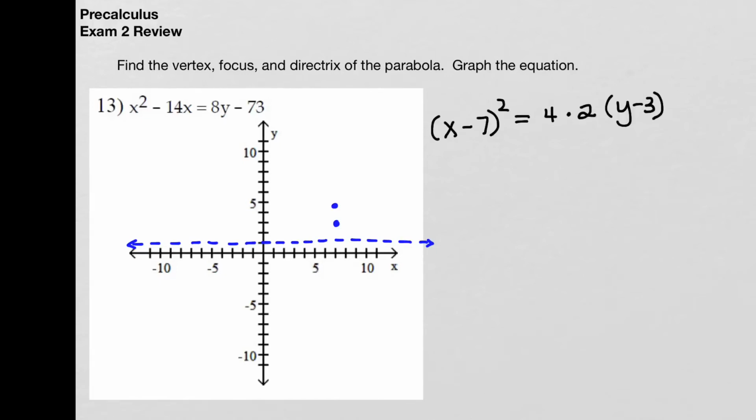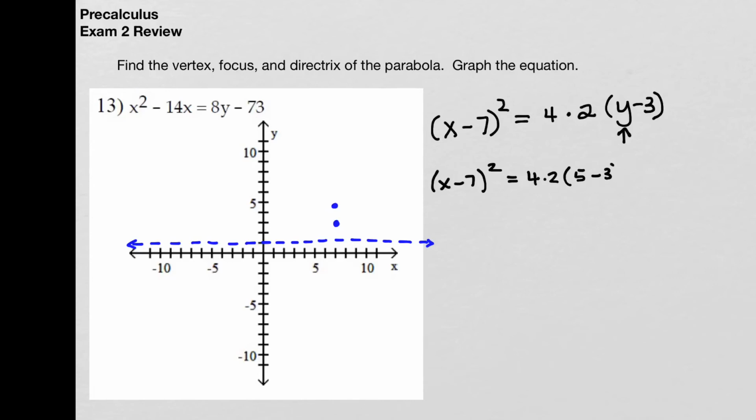The y value of the focus is 5. So I'm going to plug that in, and see what x values are on the parabola when y is equal to 5. So I have x minus 7 quantity squared equals 4 times 2 times the quantity 5 minus 3.